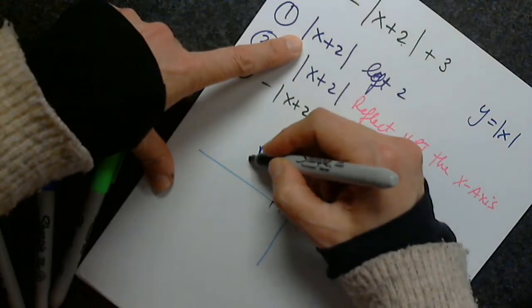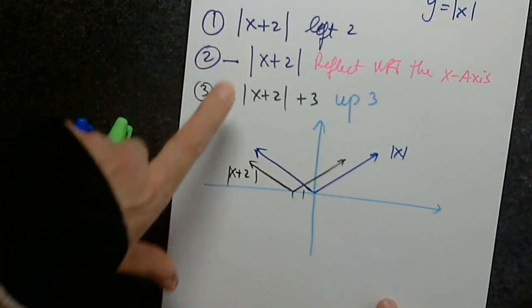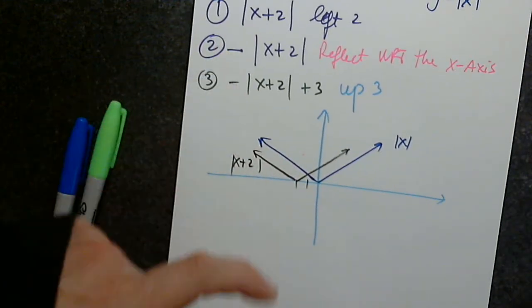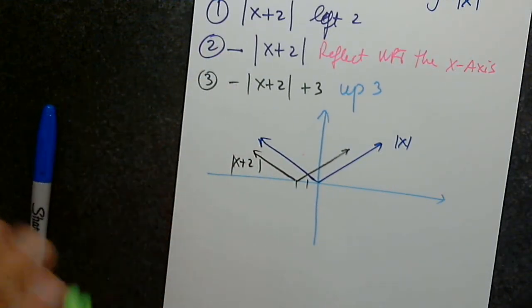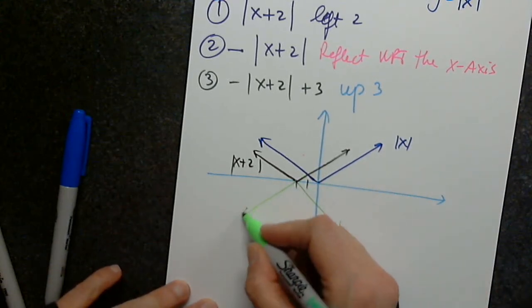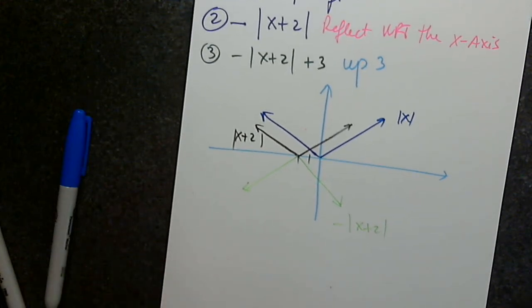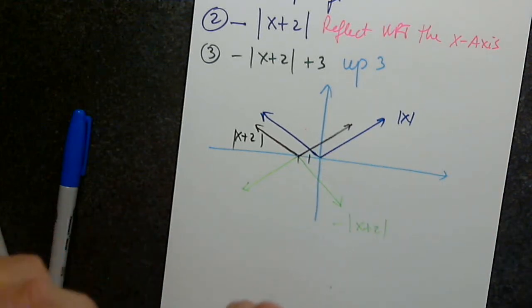Fine, I'm shifting it to the left 2. So this is x plus 2 in absolute value. Then you told me to reflect it with respect to the x-axis. I'm reflecting it. And then you told me to move it up 3. Very good. I'm moving it up 3.